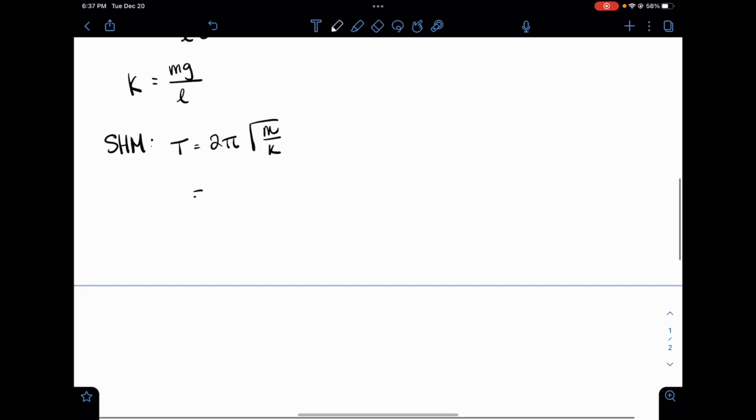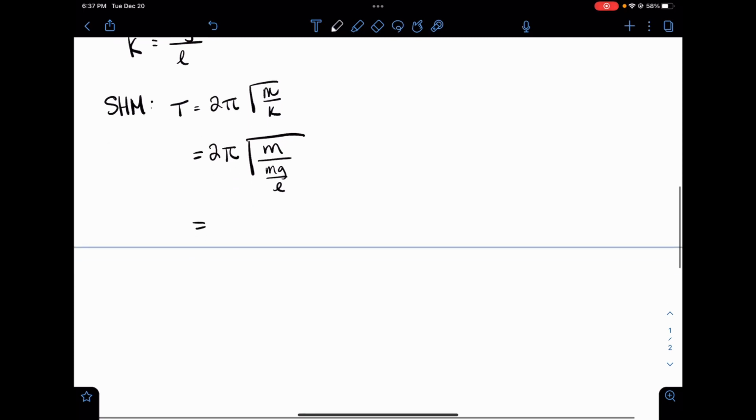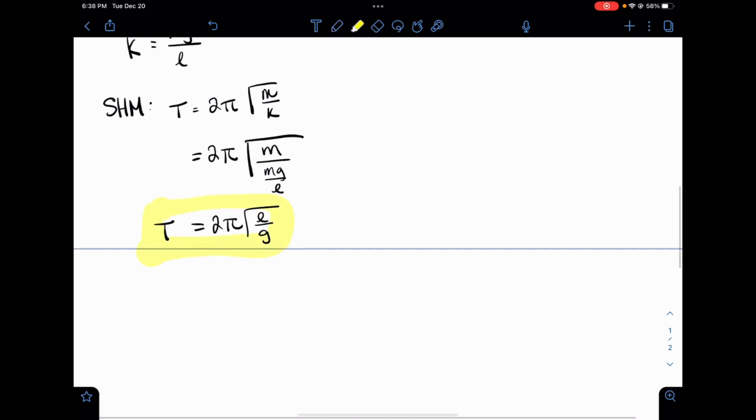But here, we can now plug in our constant that we just found, and we get m over mg over L, and all of this is going to equal 2 pi times the square root of L over g. And we get the period of a pendulum to be 2 pi times the square root of the length of the pendulum over the acceleration due to gravity.